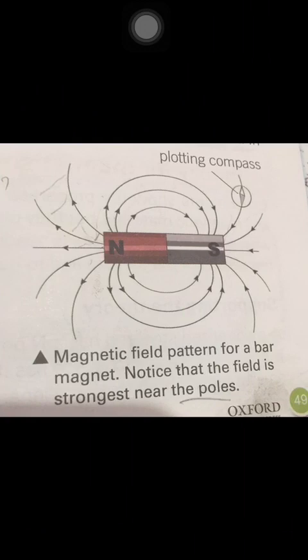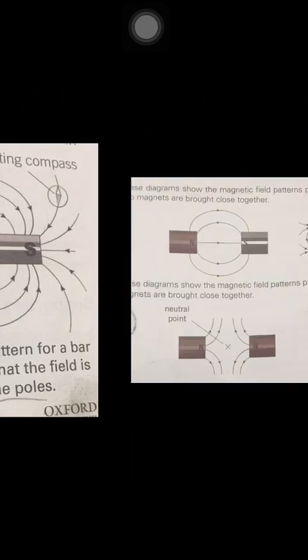Where the lines are close together, for example near the pole, the magnetic field is strongest, while where the lines are not close together and there is more space between them, the magnetic field is weak. The arrows on the field diagram show the direction of the force, and they always run from the north pole to the south pole.